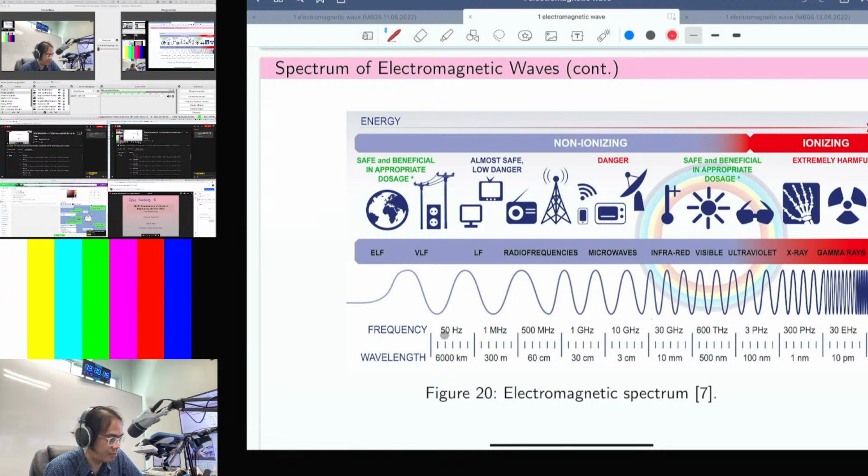You can see the frequency bands: 50 hertz, 1 megahertz, 500 megahertz for radio, and 1 gigahertz for data communication, 10 gigahertz for satellite and microwave, 30 gigahertz for infrared, 600 terahertz for visible light, and 3 petahertz for ultraviolet, 300 petahertz for X-ray, and 38 hertz is the frequency band for gamma rays, which is very dangerous, right?